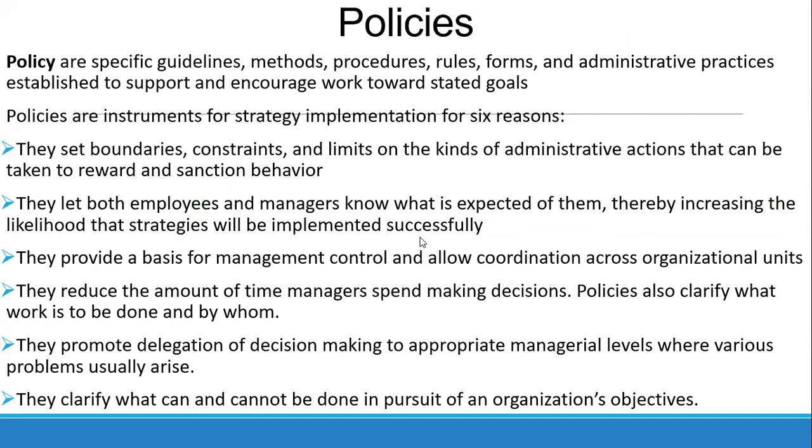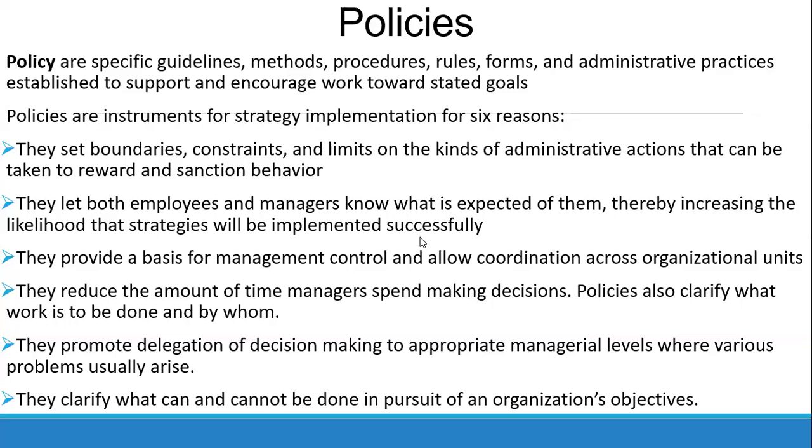And these policies may border on attendance, on performance, on the use of organizational resources, be it internet or car or whatever. And the essence of having these policies is to set the permissive zone of variation.